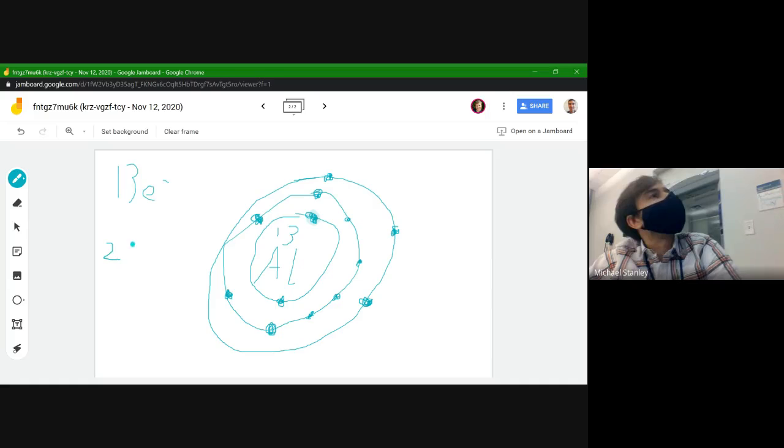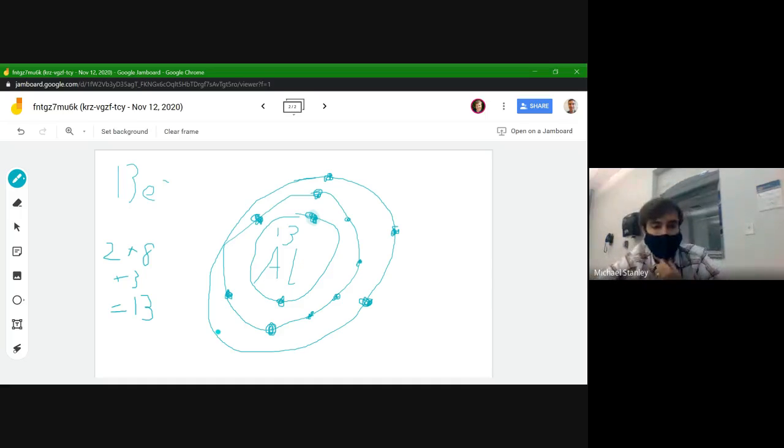So 2 on the first shell plus 8 on the second shell plus 3 on the third shell gives us our 13 electrons in aluminum.